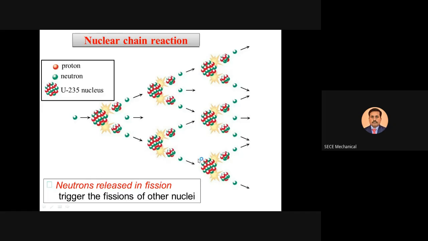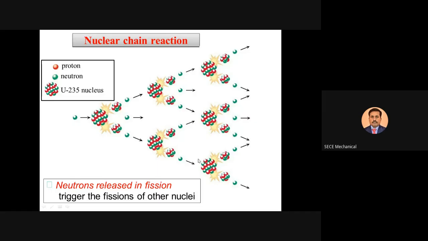So how can we generate the heat? With the help of the fission process, we develop the heat energy. You know very well about the chain reaction, which we discussed last class. One free neutron impacts the nucleus of uranium U-235.